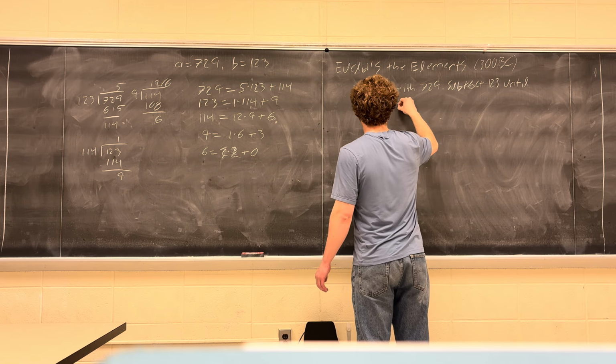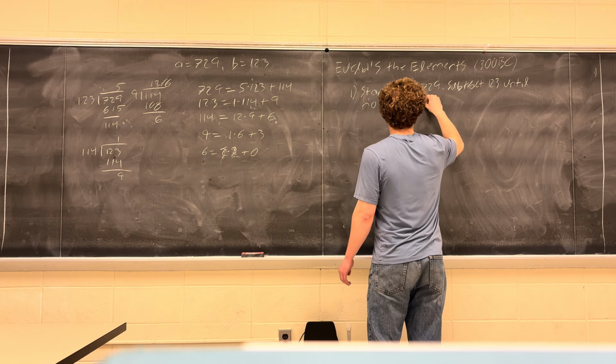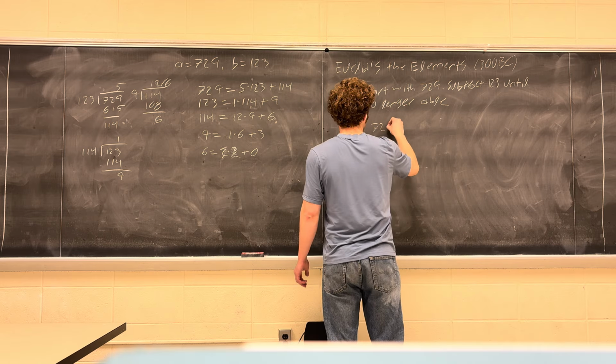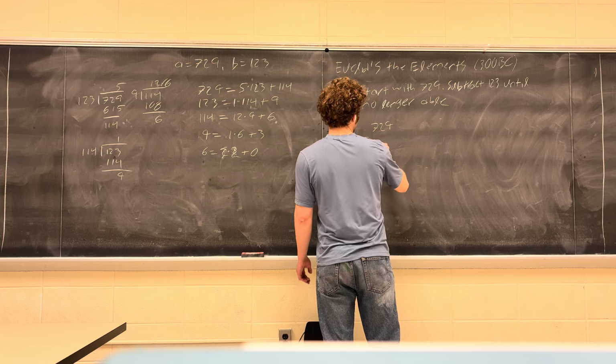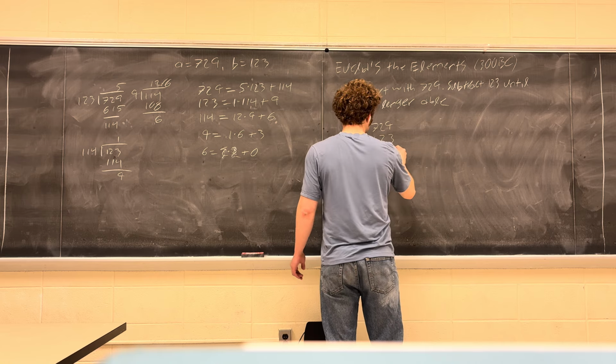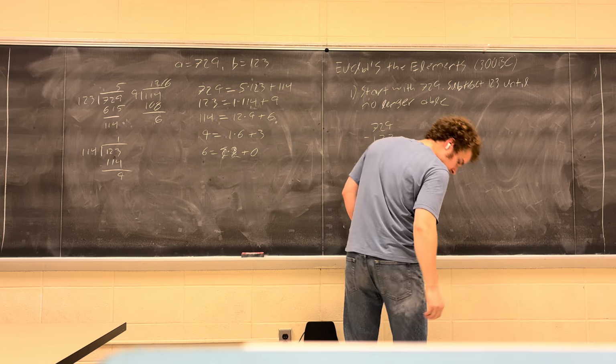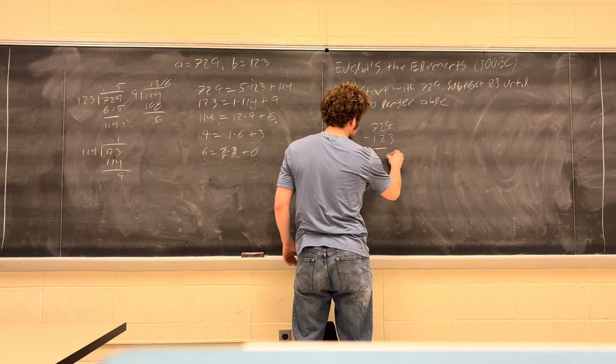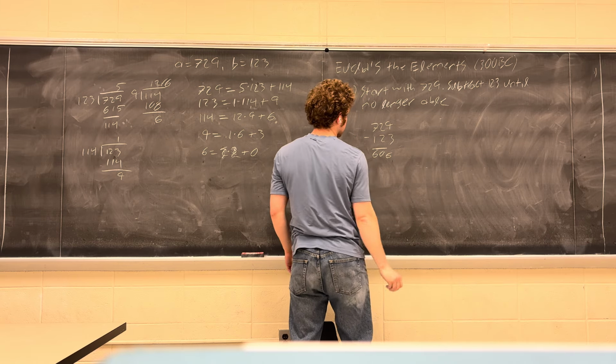So hopefully I can do this correctly. So let's see. 729 minus 123 is equal to, we get 606. Okay.